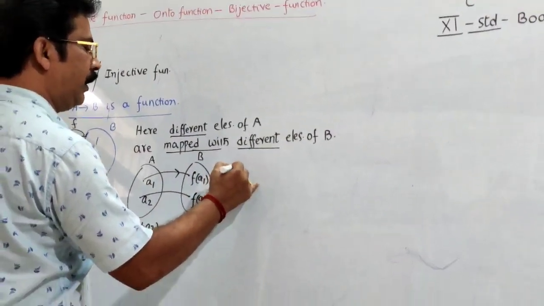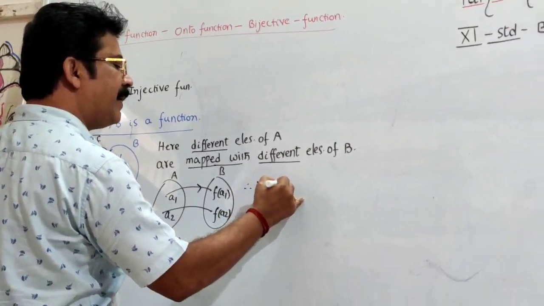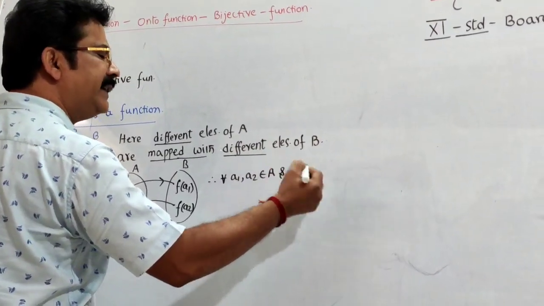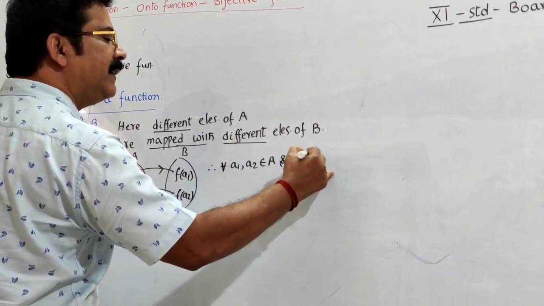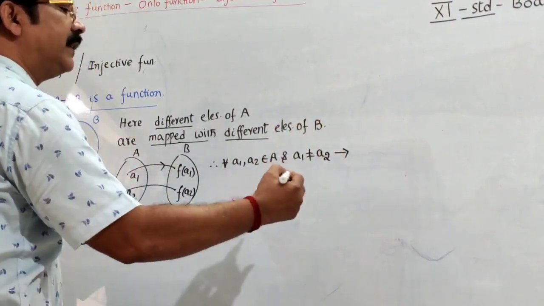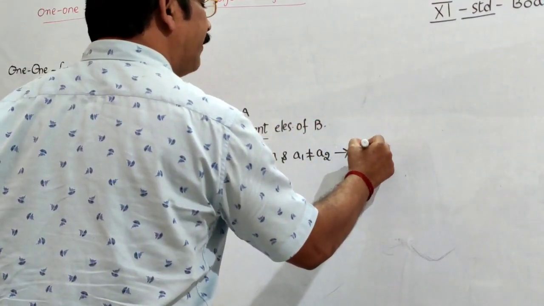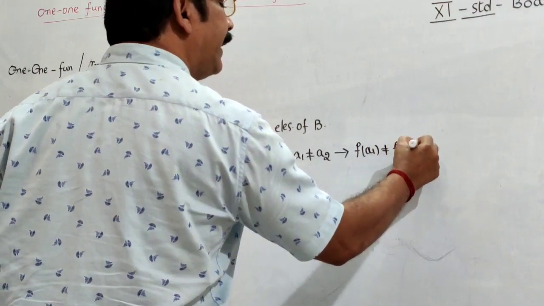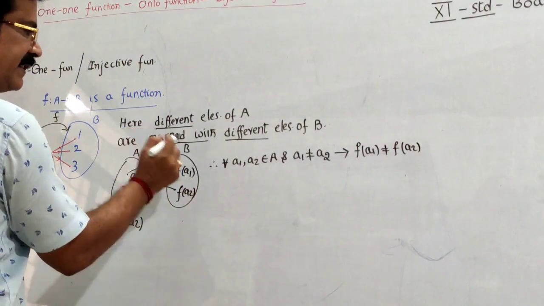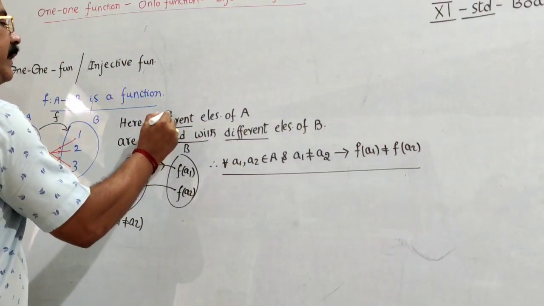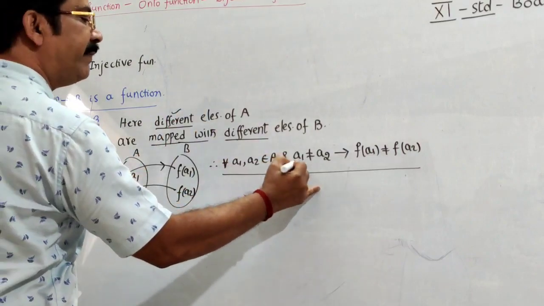So therefore, for all a1, a2 that belongs to capital A such that a1 not equal to a2, that implies f of a1 not equal to f of a2. From the definition itself, I wrote this sentence, means different elements, different images.